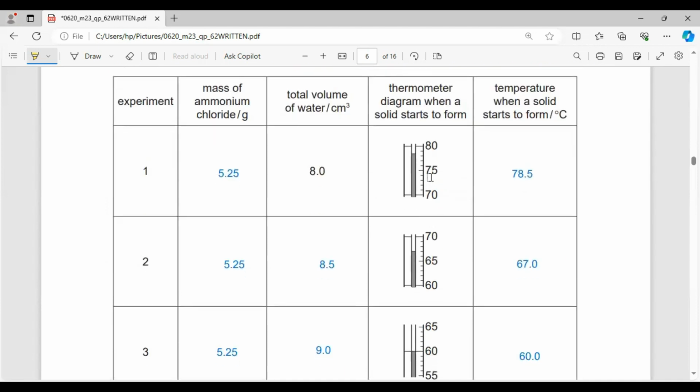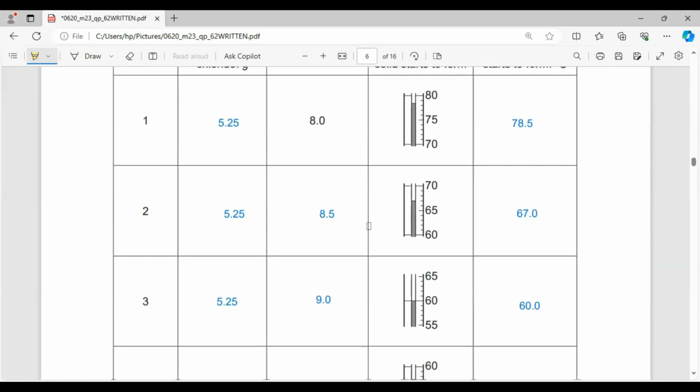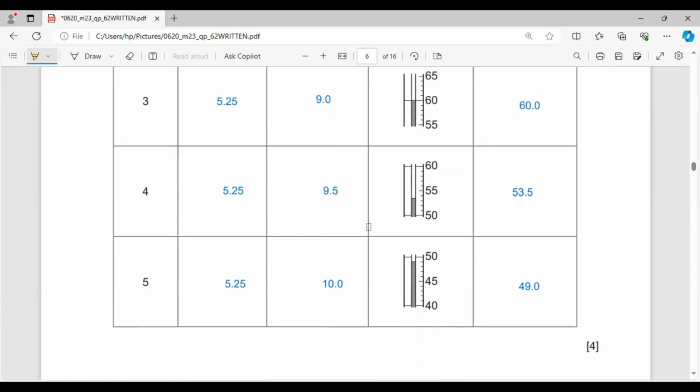So here we can see the value from this diagram of thermometer and write it down here. We have to write all the points with 1 decimal place. For example, if it is 9.5, it is okay, but if it is 10, so we will write 10.0, which gives us 1 mark for writing all the values in decimal place.